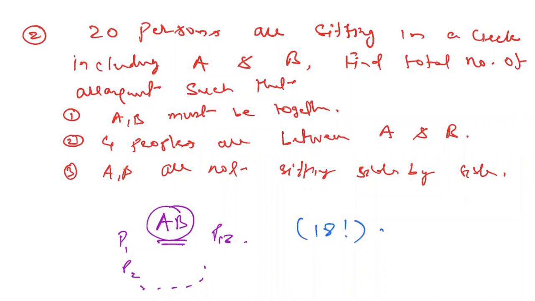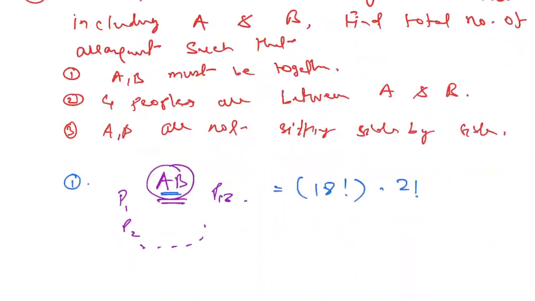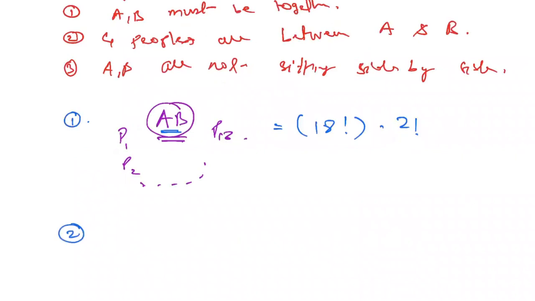But A and B are also arranging themselves by factorial 2 ways, right? First on this. Second, 4 people are between A and B. So first, out of 18, we don't have an idea who is coming in between. Be careful. So 18C4, we are selecting 4 people.